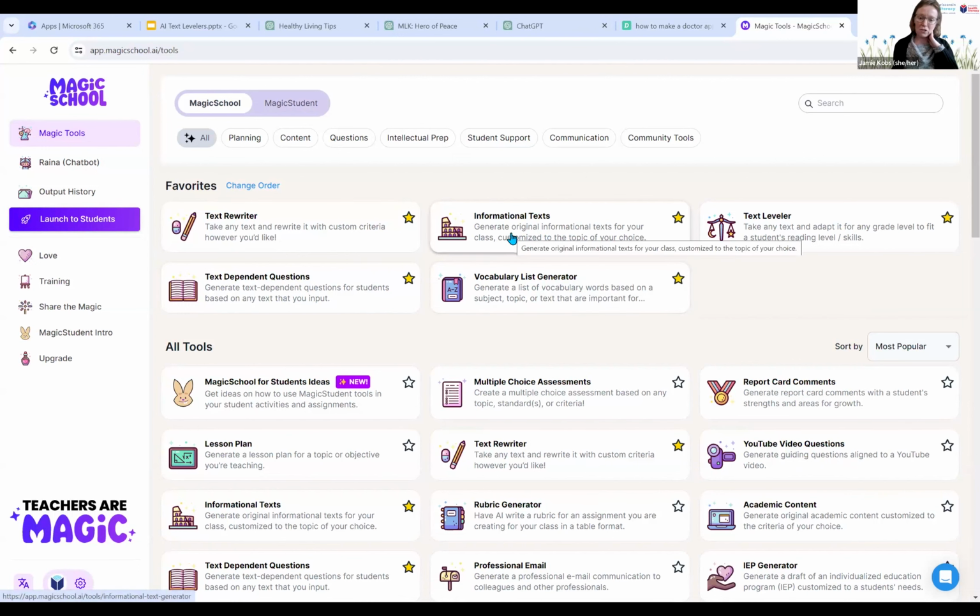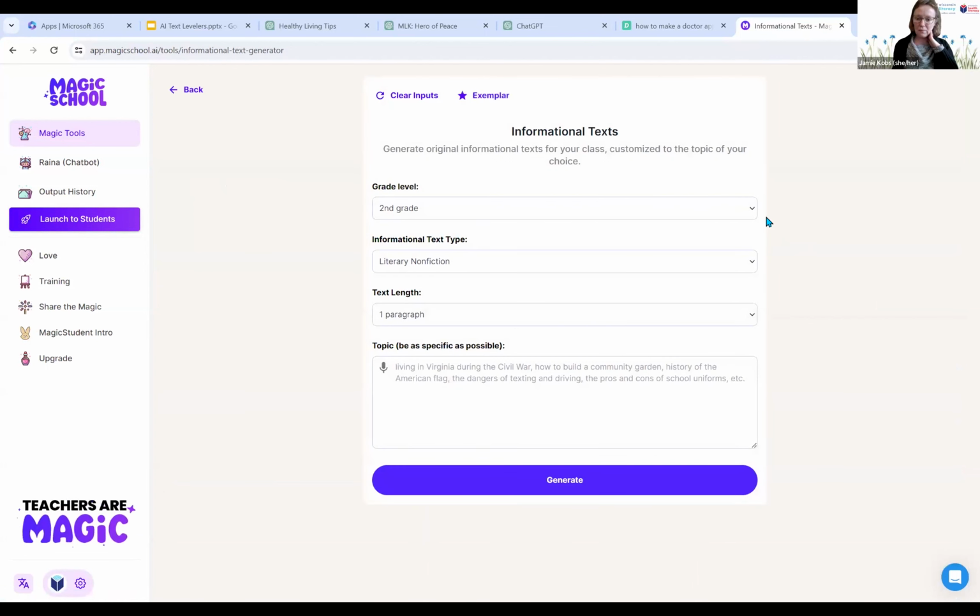So if I go to informational text, got my second grade level, literary nonfiction. I think I probably just want expository. I'm going to keep it at a paragraph.